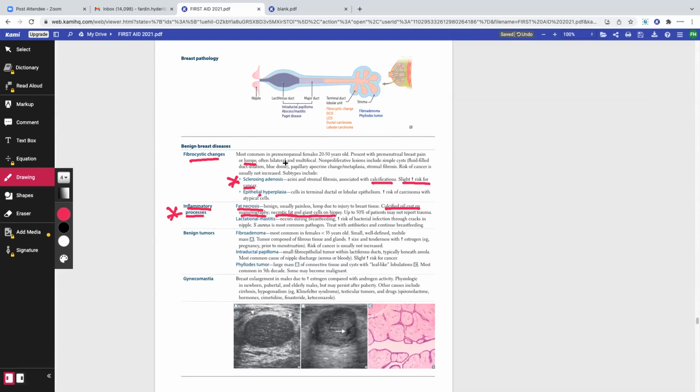What is lactational mastitis? When mothers are breastfeeding, there's a possibility that there could be a lot of milk accumulation in the lactiferous duct and the major duct.